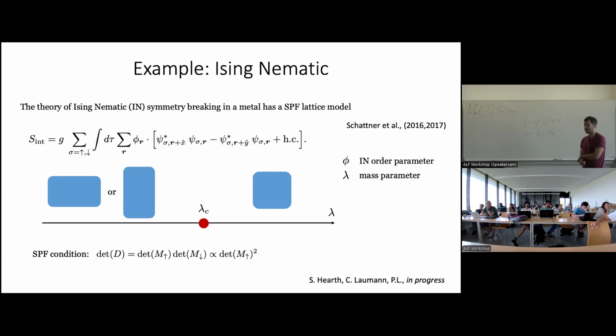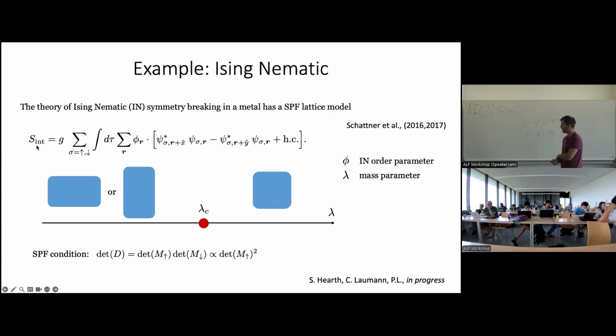So the specific model that I have in mind where this issue is present, besides the half-filled Hubbard model, which is of interest to me, is this theory of Ising nematic symmetry breaking in a metal. This model has a sign problem-free lattice realization and was studied in these works by Schattner and company.